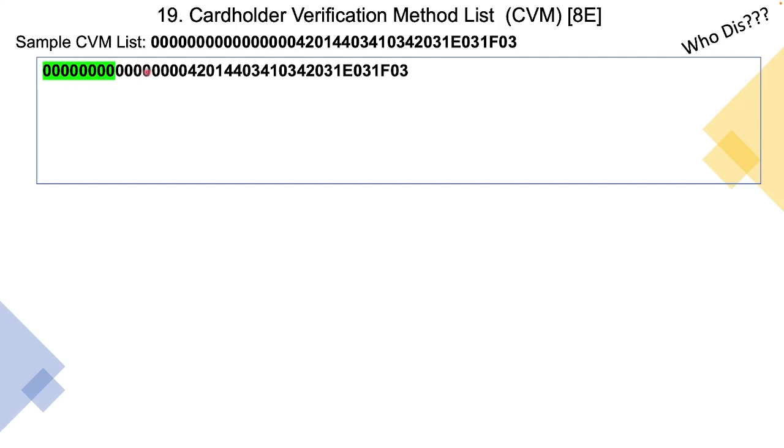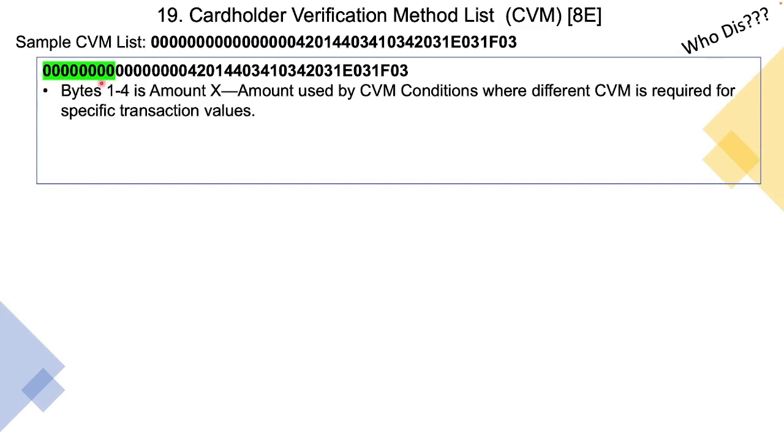If I take the string and look at the first 2, 4, 6, 8 zeros, so basically 4 bytes, the first 4 bytes is something we refer to as amount X. So bytes 1 to 4 is amount X. This allows us to specify transaction values where we would want to apply a specific rule for customer verification to take place.